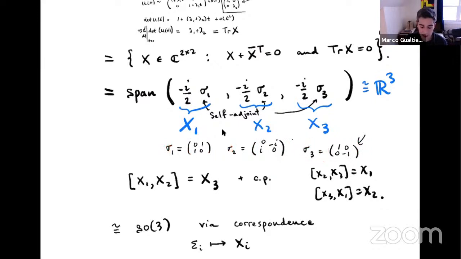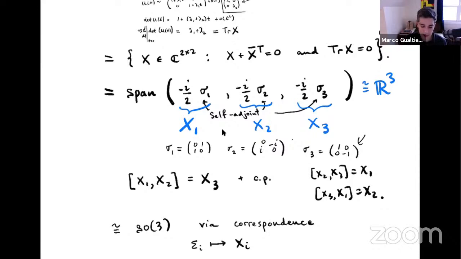I made a mistake. You first of all need to take the self-adjoint Pauli matrices and multiply by minus i. That will make them skew adjoint and make them into a Lie algebra under commutator. The second thing you need to do is divide by 2. You don't have to divide by 2 to get a basis, but I want my basis to line up with the basis that I chose for SO3.